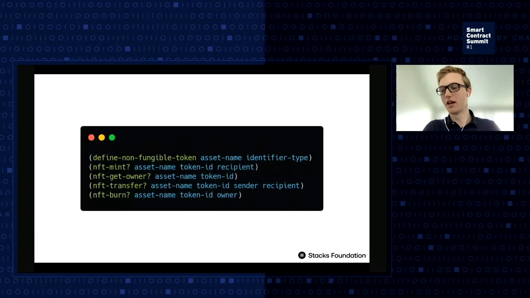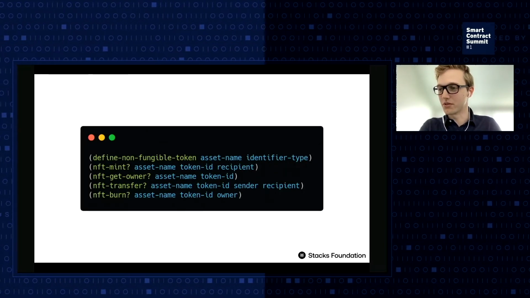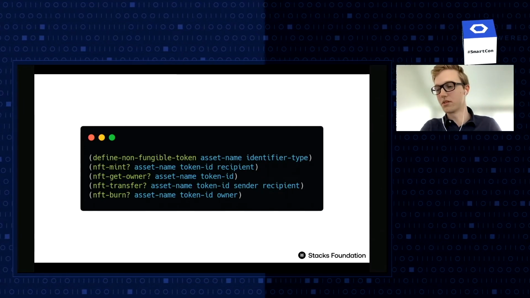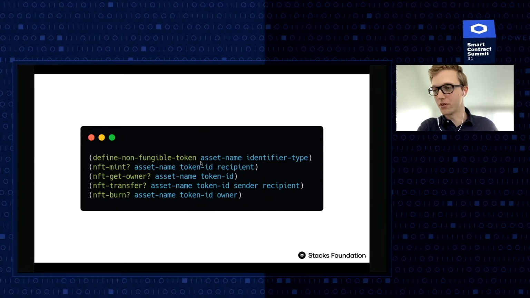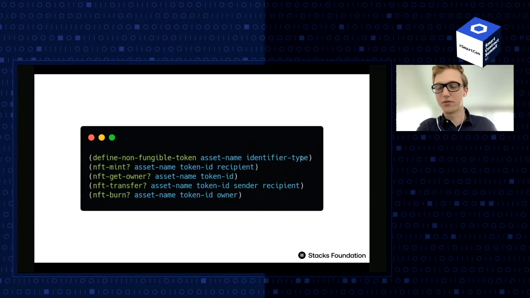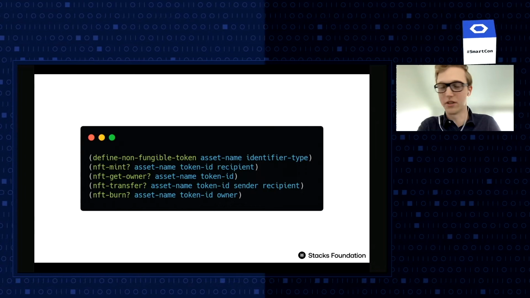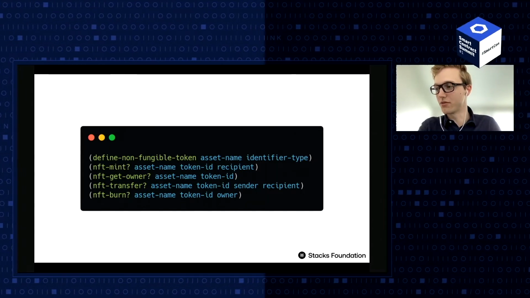So as I mentioned, Clarity has built-in functions to deal with all sorts of things related to custom tokens, both fungible tokens and non-fungible tokens. So these functions right here, the first one, define-non-fungible-token: you pass it an asset name, which is of your own choice, and an identifier type. Usually this would take the form of an unsigned integer, but you could also choose any different kind of identifier type.